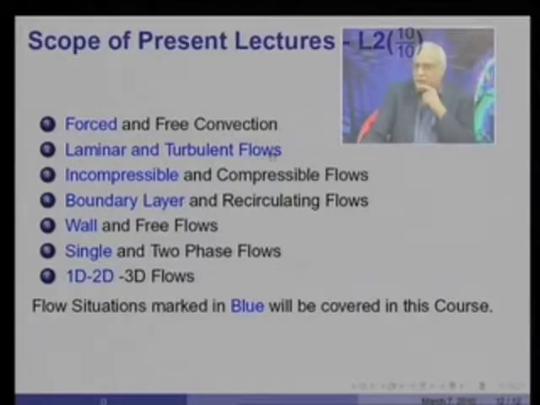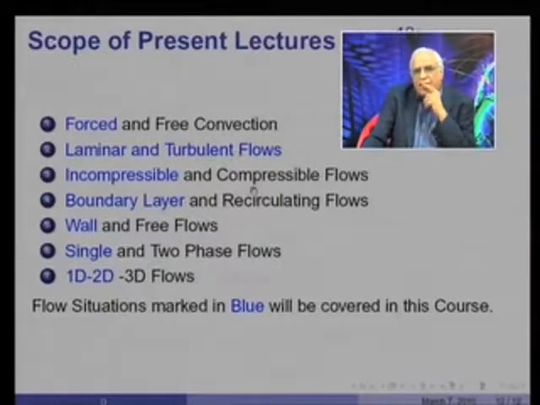I will consider all those types. There are incompressible flows and compressible flows. I'll be largely confined to incompressible flows because, as I said, in most of the equipment, particularly in mechanical engineering, the flow velocities are essentially less than about 100 meters per second.